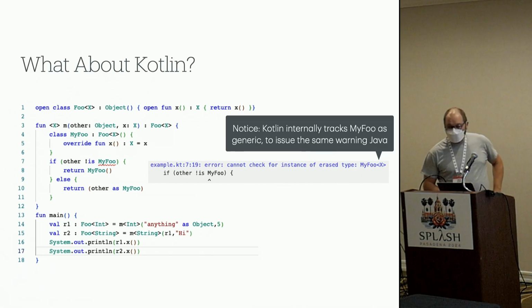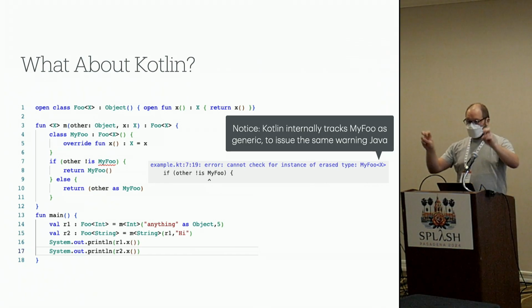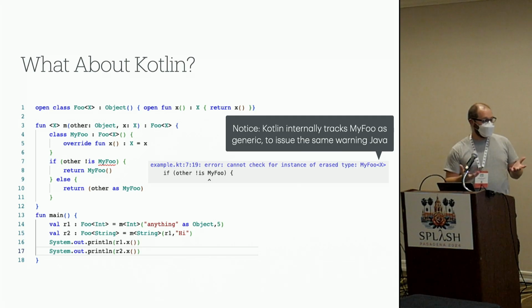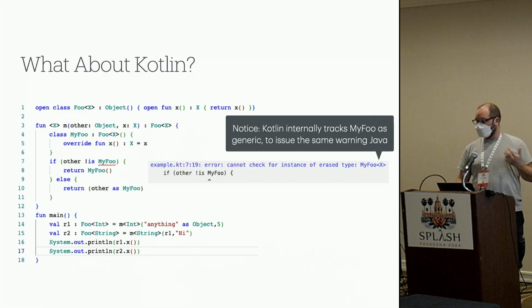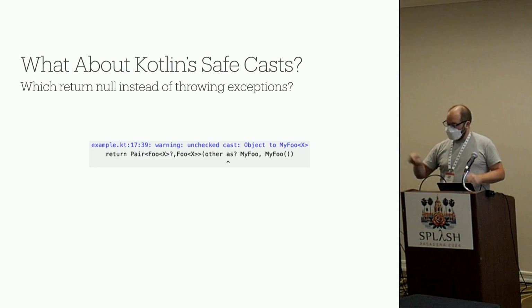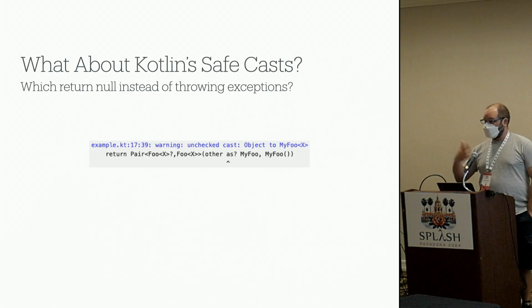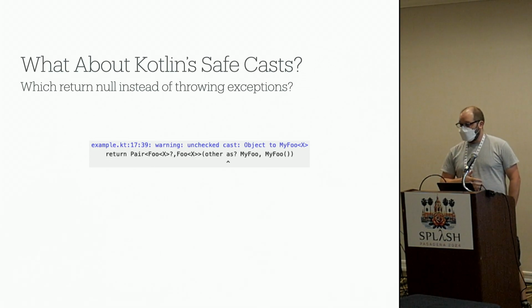Kotlin's also interesting because it actually has two kinds of casts. It has so-called safe casts, which are not safe because you can't misuse them. They're safe, quote unquote, because they don't throw exceptions. So they have an as? cast operator, which, if the cast would fail, instead of throwing an exception, you just get null instead.